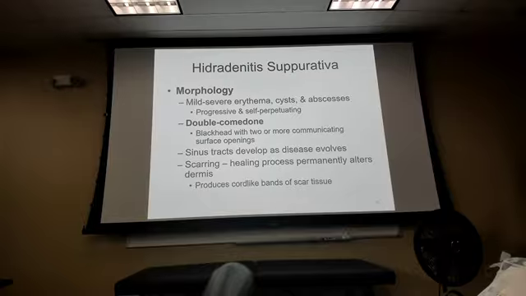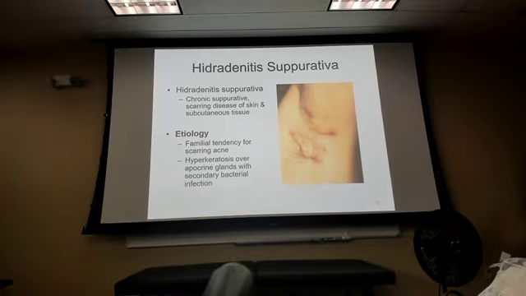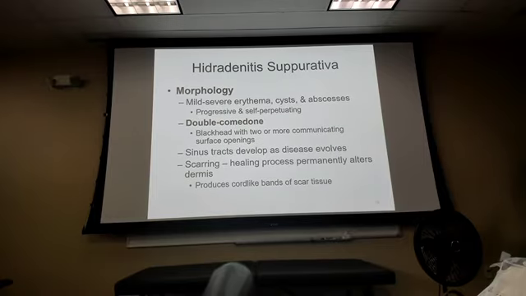You can also have comedones, but it's not going to be single ones, it's going to be double ones. They will be open, so it's the black dots, right? So you get the blackhead with two or more communicating surface openings.